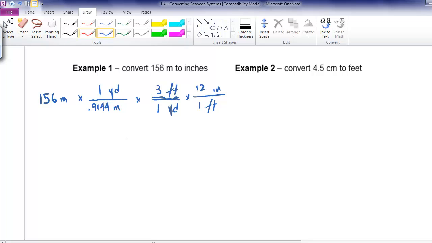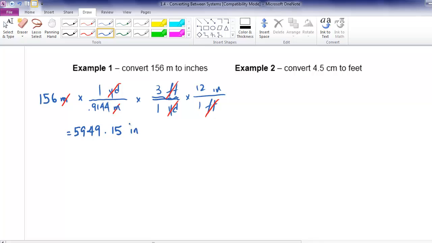We started off with meters. We got rid of those. We could convert nicely to yards, and then to feet, and finally to inches. And when we do that calculation, we are left with 5,949.15 inches. A lot. So again, we have 156 of these big units. Therefore, we're going to have a lot more of the smaller units.